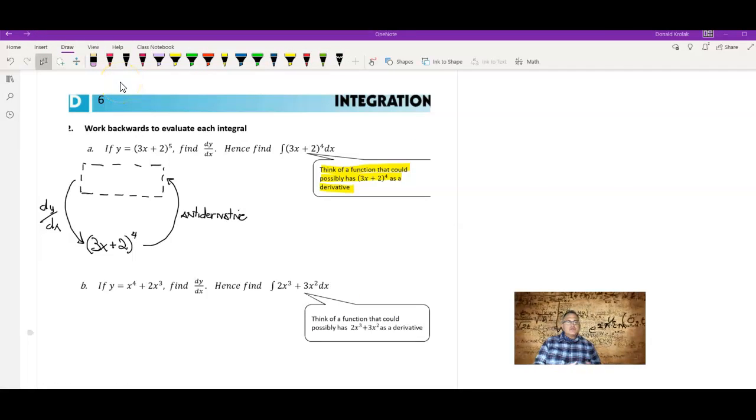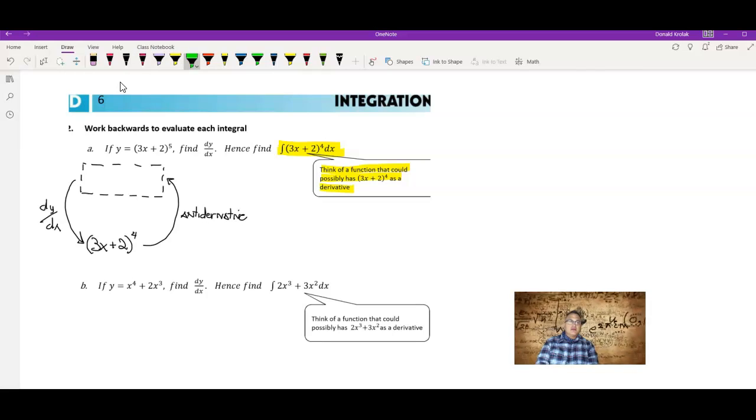So we're going to use this working backwards strategy to evaluate various integrals. Here's our integral. It's an indefinite integral, so we'll be adding c at the end of our answer. We want to think: what function could possibly have (3x plus 2) to the 4th as its derivative? In these first few problems, I've given you a hint.